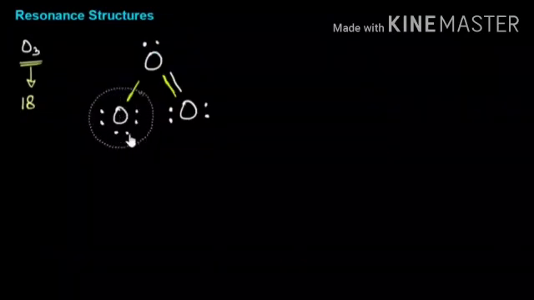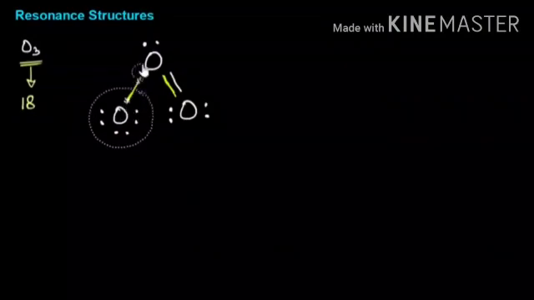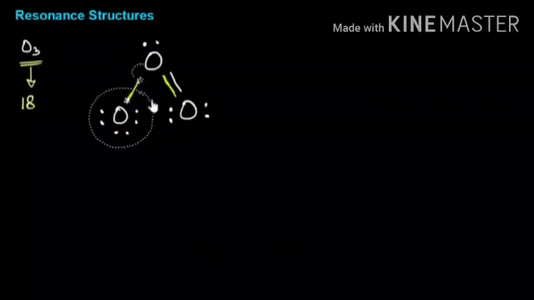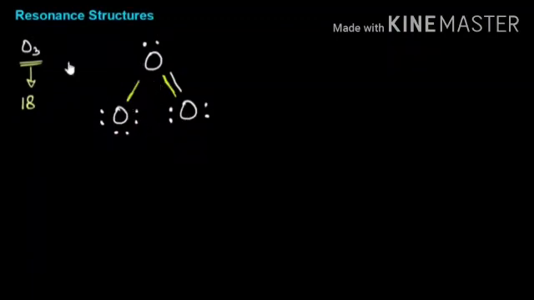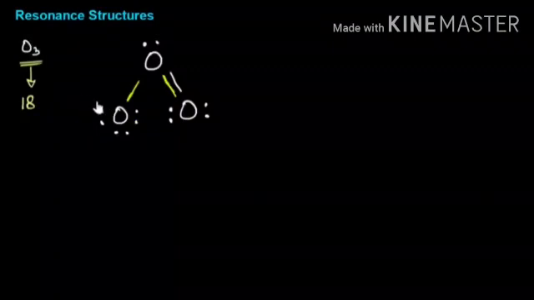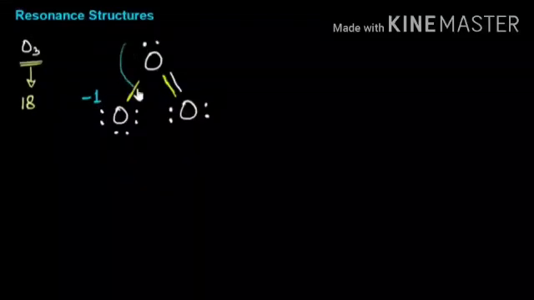So the possibility is that in this structure the central atom donates its 2 electrons for bonding, so that it forms a double bond with the third oxygen.